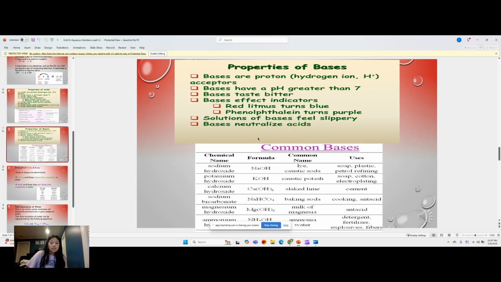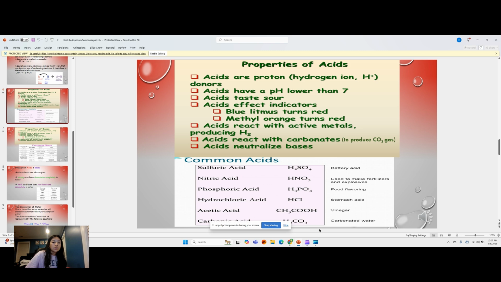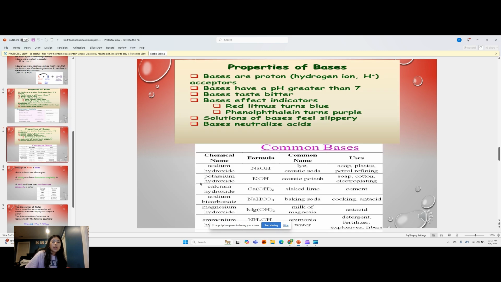Some common bases are sodium hydroxide, potassium hydroxide, calcium hydroxide, sodium bicarbonate, magnesium hydroxide, and ammonium hydroxide. Something to remember is that acids will always have an H, and bases will always have an OH. That's how you can identify them.